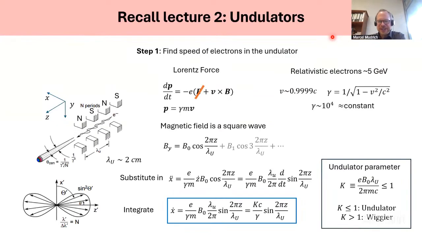But before getting to that point, I have to torture you a little bit more with theory. I want to recap a few slides that we have gone through when it came to understanding undulator radiation at synchrotrons.